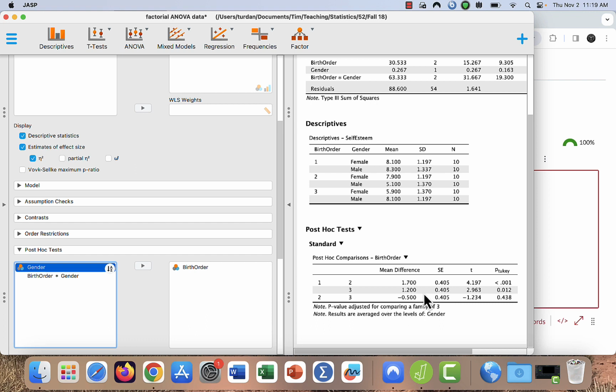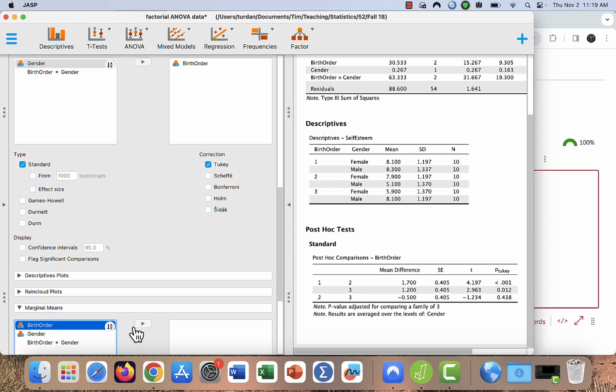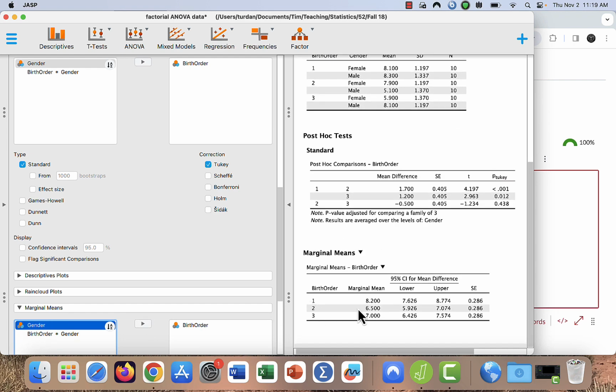Okay. One thing that can be a little bit confusing is that we don't actually know the means of first, second, and third born kids when we put the two genders together. And to find those means, what we look at is marginal means. So if we look at the marginal means for birth order, now we can see, oh, okay, I see this. Firstborns have higher self-esteem than second and thirdborns. There's no difference between second and thirdborns.